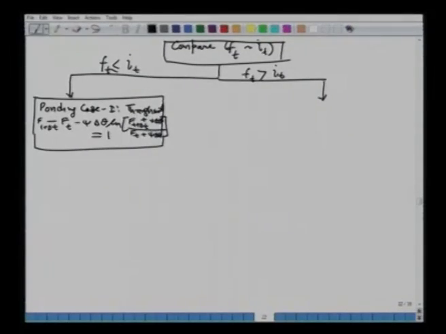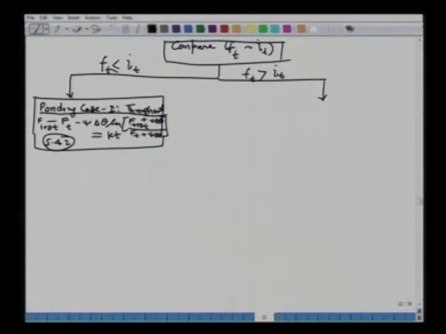This is your equation number 5.4.2. So we analyze f t with i t, compare, and see which case it is. If that is true, this will be case 1.